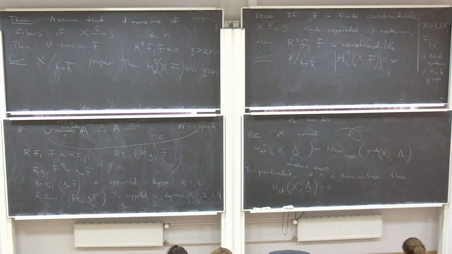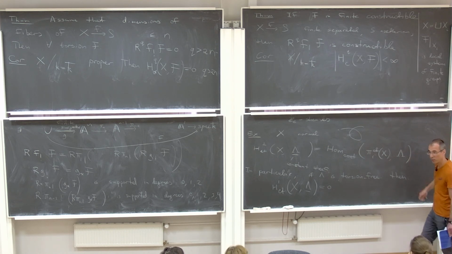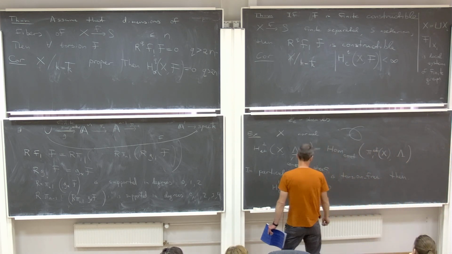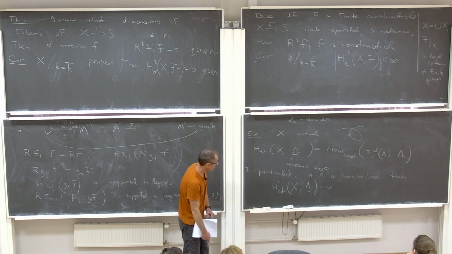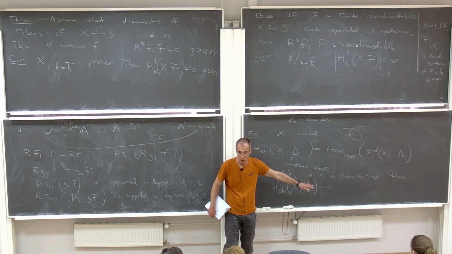Right? Why is that? Because, as we already observed, any continuous homomorphism factors through a finite quotient. But there are no homomorphisms from a finite group to a torsion-free group. So this is a drawback. So you can't really define a reasonable homology theory with integer coefficients, right? It would give you 0.